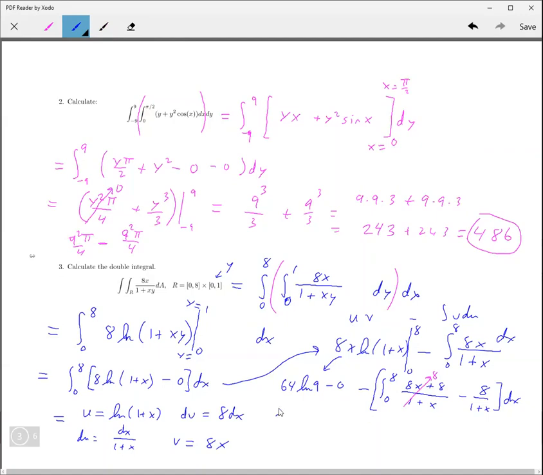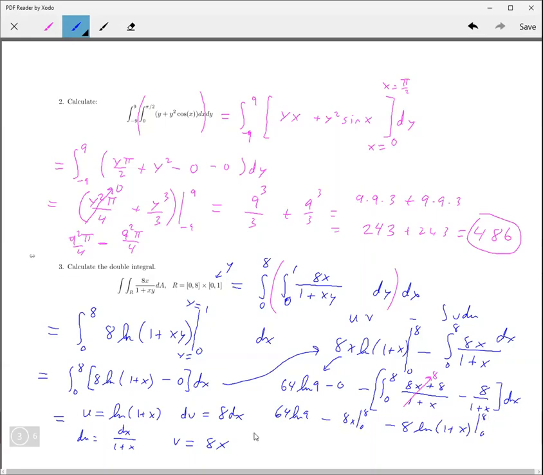Okay, so we have 64 log of 9 minus, the integral of 8 would be 8x, 0 to 8, and this one would be minus 8 log of 1 plus x. Okay, and that's also going to be evaluated from 0 to 8.